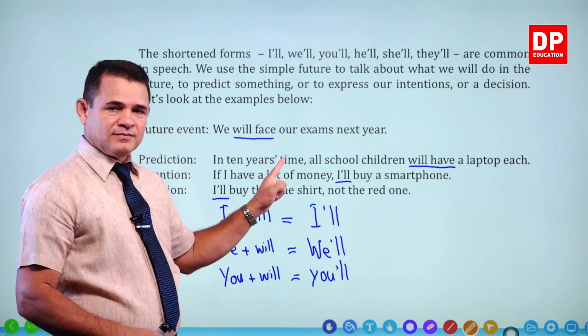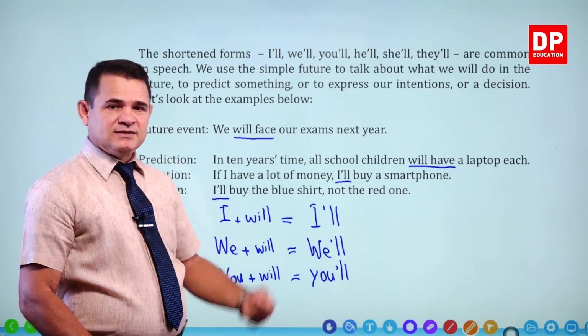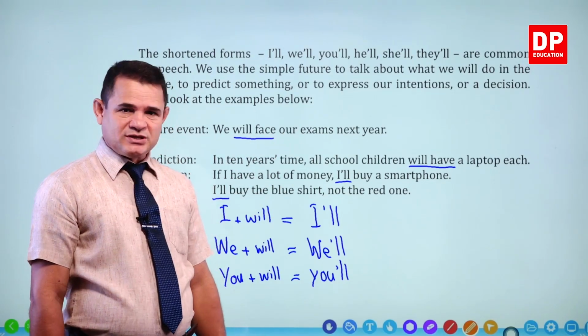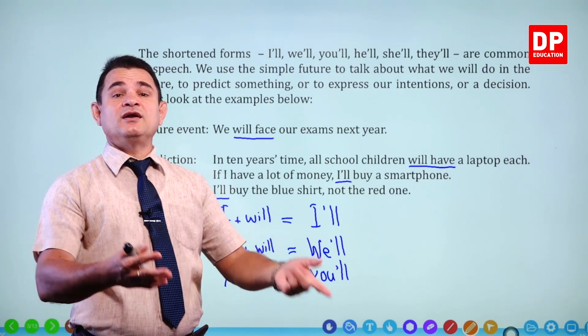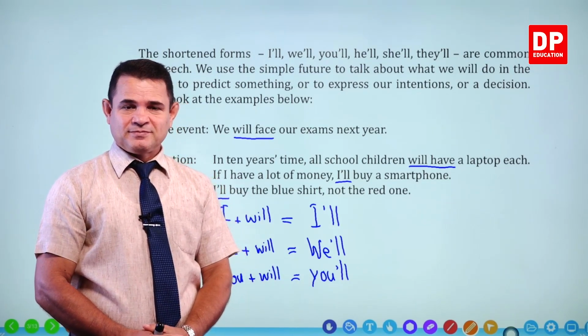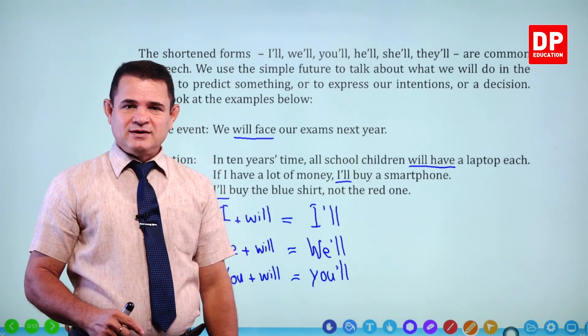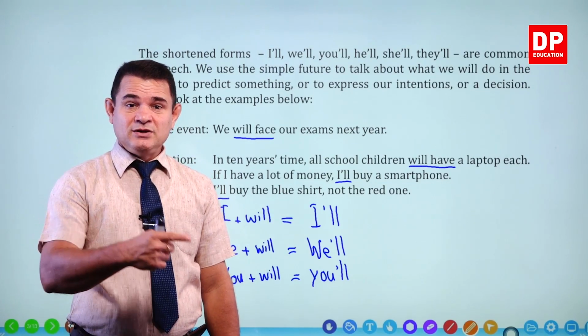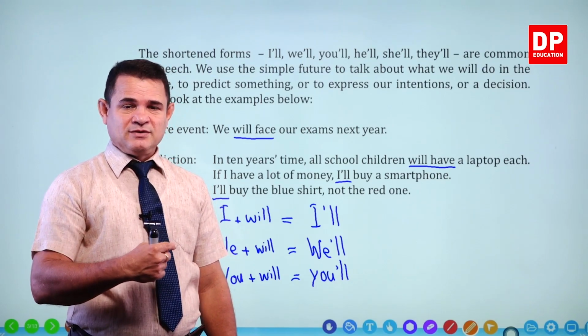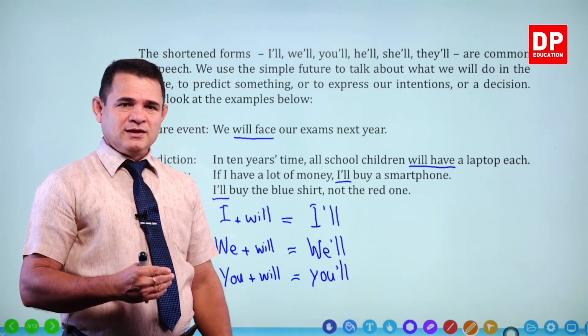Using will. We will face our exams next year. We will go on a trip next month. I will go to see my friend tomorrow. I will go. Right? We will go. We will do. Use that.